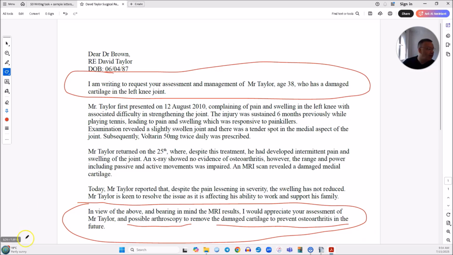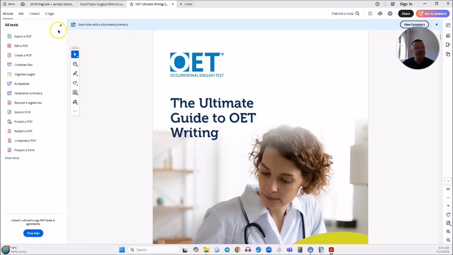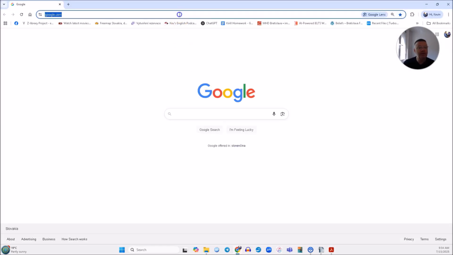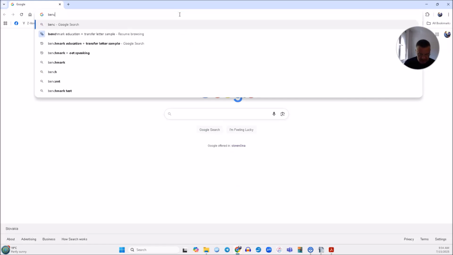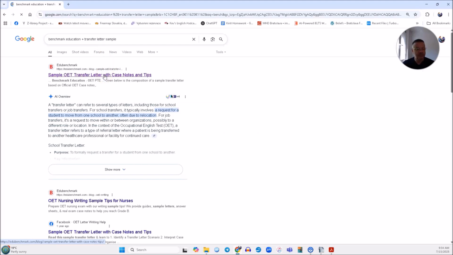I'll show you it, though I keep on showing you it every single time because I know a lot of you don't bother to actually download it and read it. You should. This OET Ultimate Writing Guide is what you've got to be reading, because it tells you all the stuff that you need to know. And I'll refer you to another good resource, the Benchmark blog.